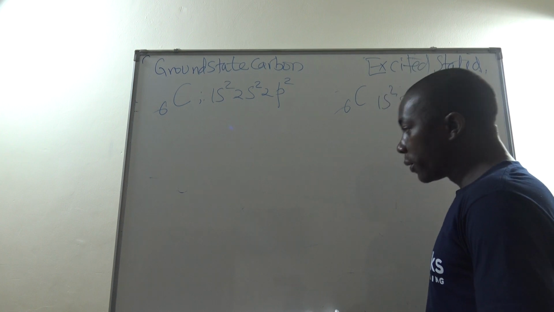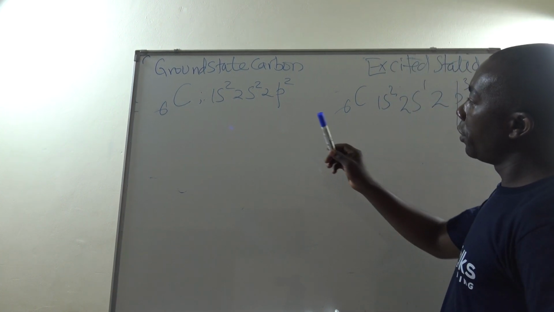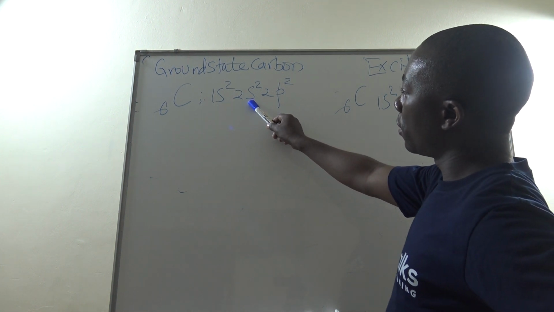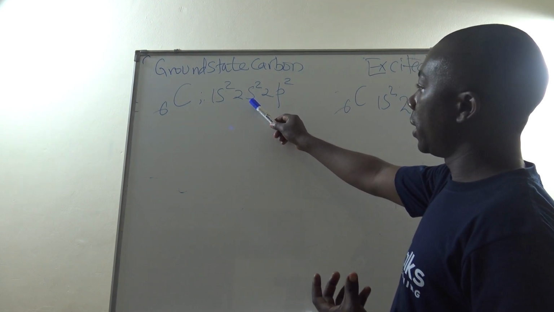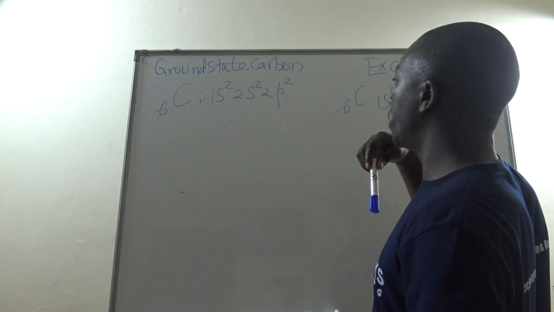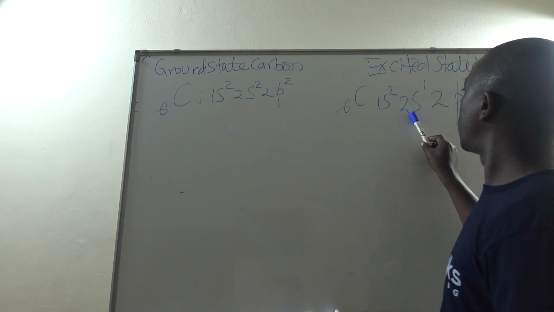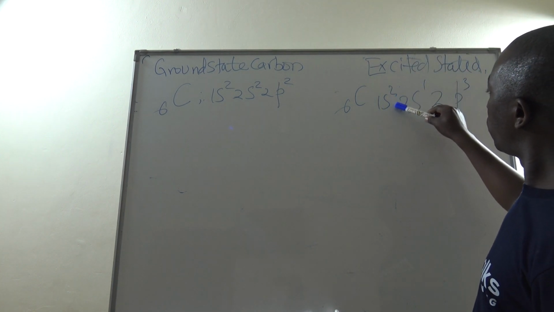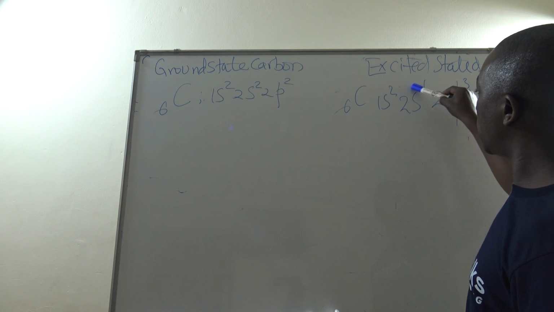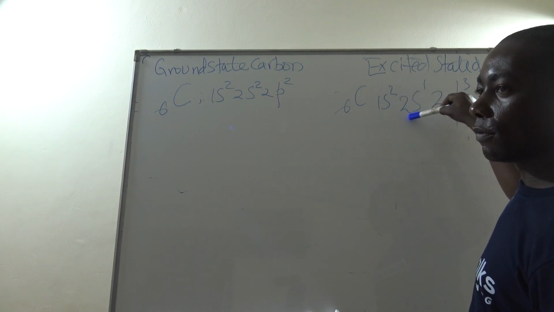In other words, when you supply it with energy, the 2s orbital doesn't absorb the energy, but the energy is absorbed by the electrons in the orbital. If we supply energy to this carbon at excited state, the electrons in the 2s orbital, the one which had a lone pair, absorb a sufficient amount of energy.